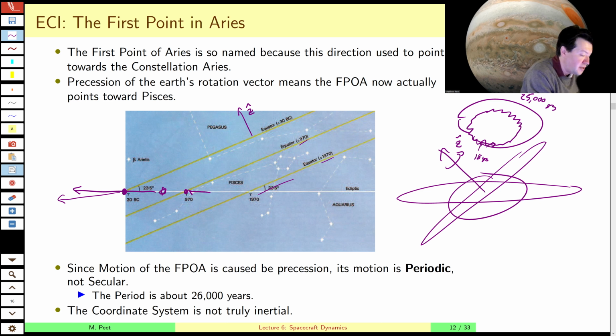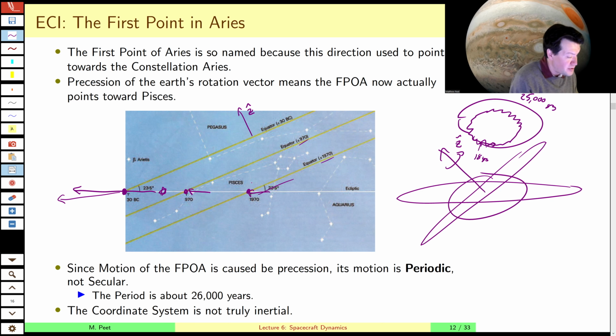So now the sun rises above the equatorial plane at the Pisces constellation. It really should be called the first point of Pisces now, but it's not. So what are you going to do? We can't change the name every 1,000 years, it gets ridiculous.